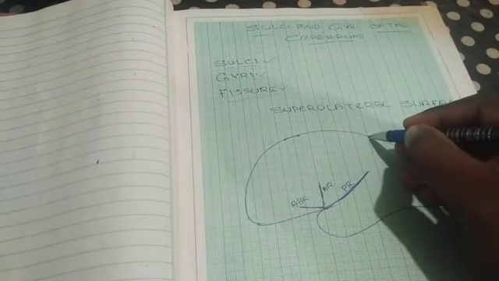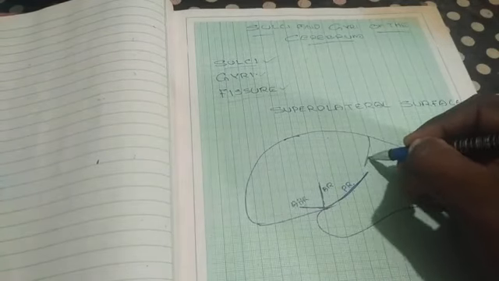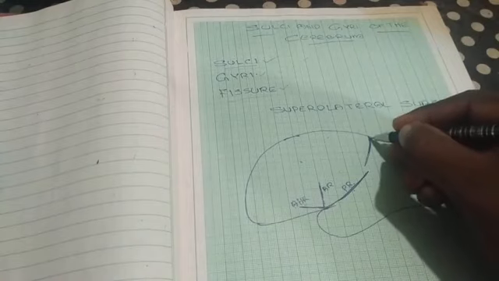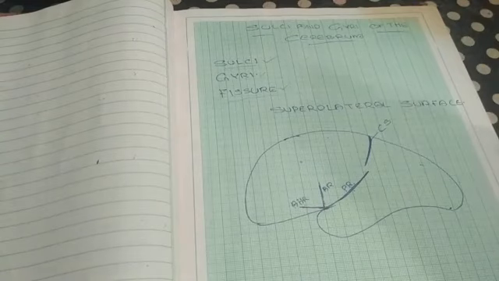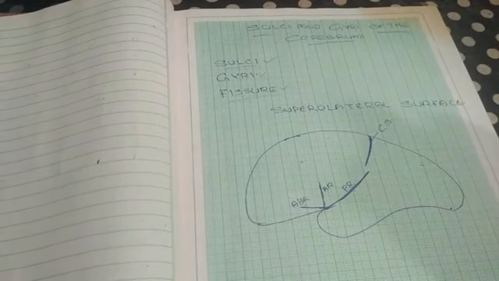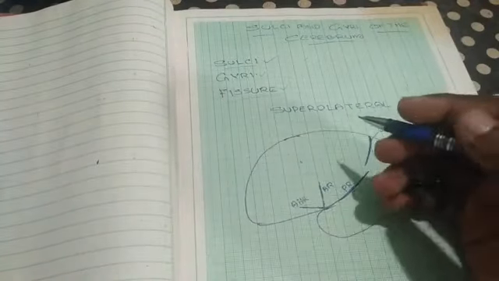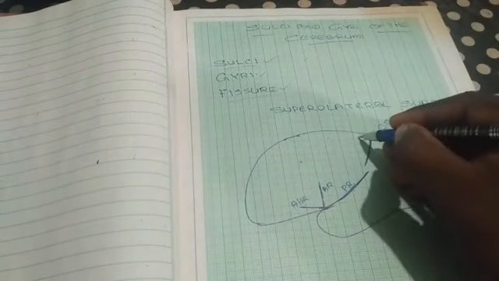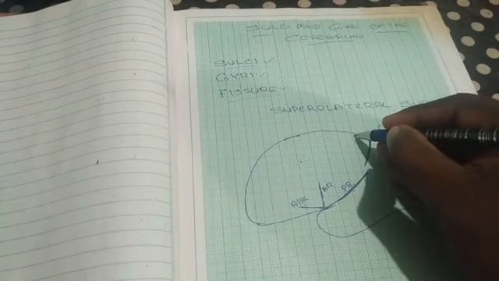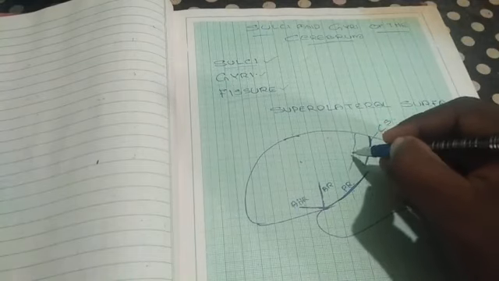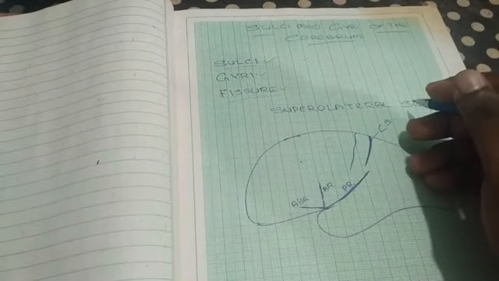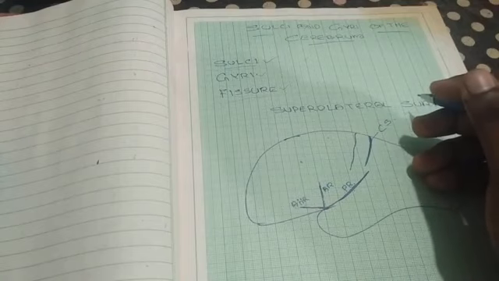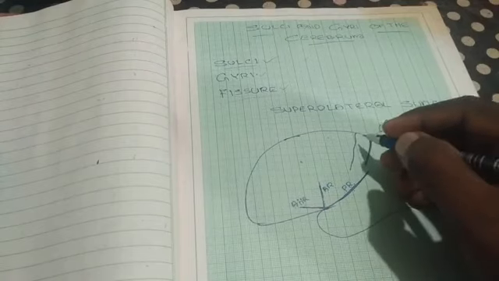Then another major sulcus, which separates the frontal lobe from the parietal lobe and begins from the medial surface, is called the central sulcus. Another sulcus on the frontal lobe, parallel to the central sulcus, is the precentral sulcus.